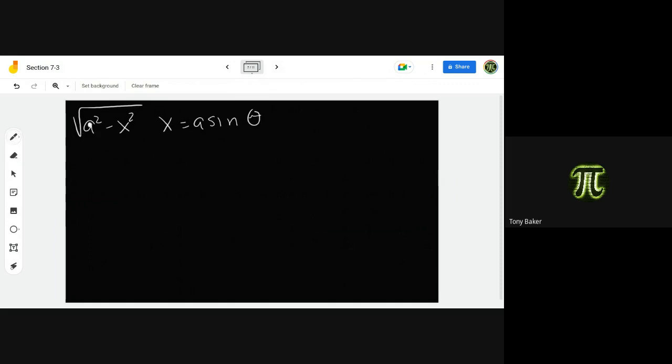So a is what a is in the problem. In the last problem, 4 was there, so a was 2, because 2 squared would be the 4. The number that's there in place of a squared is not a, so you have to take the square root of whatever's there to find it.